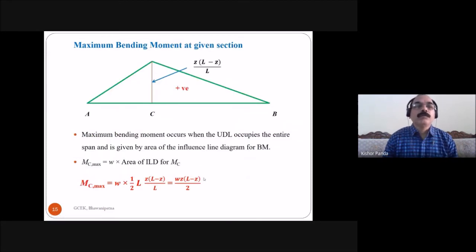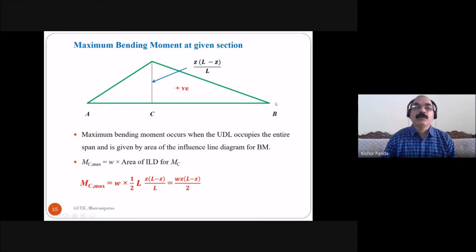Then coming to maximum bending moment at a given section, where you will get the maximum bending moment. This is the ILD for the moment at C, and this is the maximum moment at C, Z into L minus Z by L. And you have to find out the maximum bending moment when the UDL is present over the entire span AB.